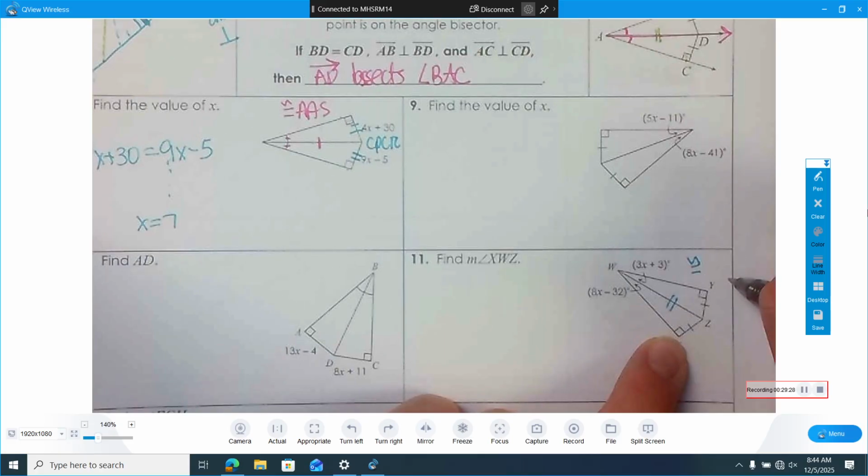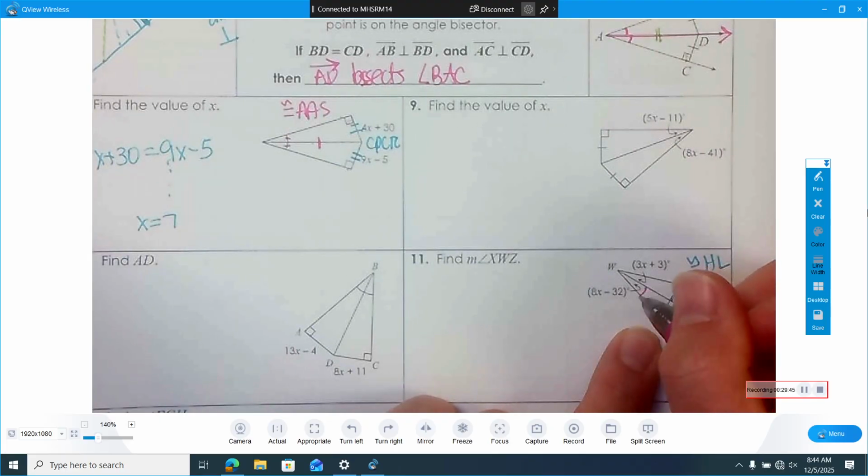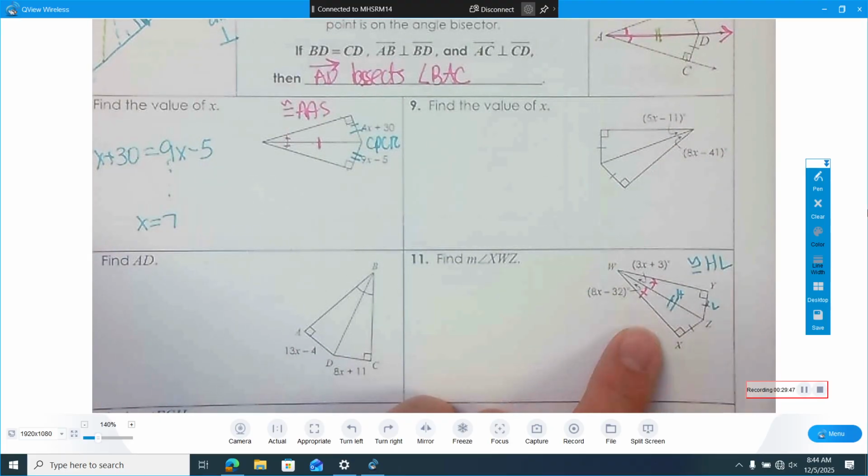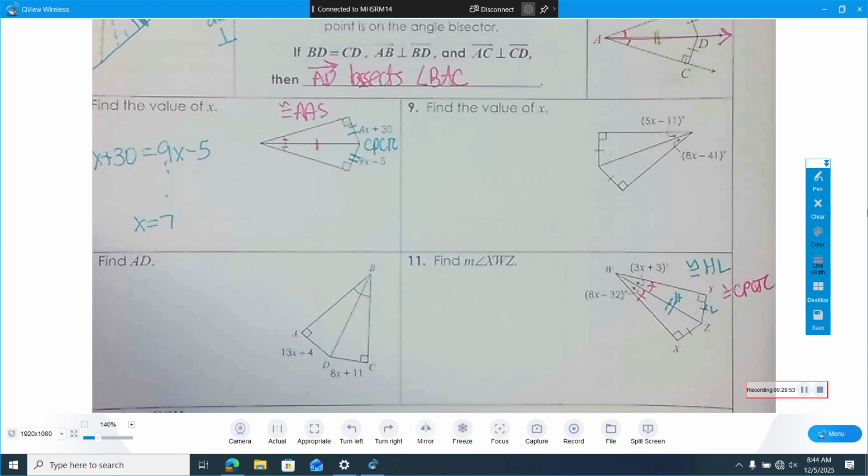By? Hypotenuse, leg. HL. Hypotenuse across from the right angle and a pair of legs. Which means the triangles are congruent, so I also know, hey, these little angles must be congruent by CPCTC.